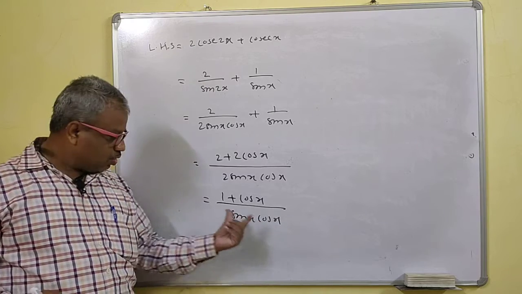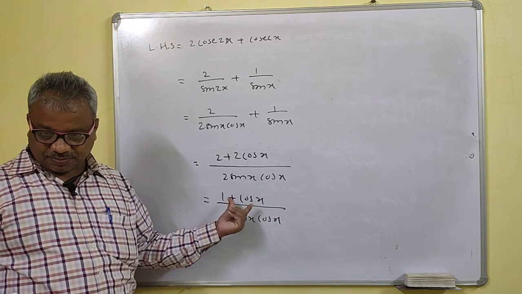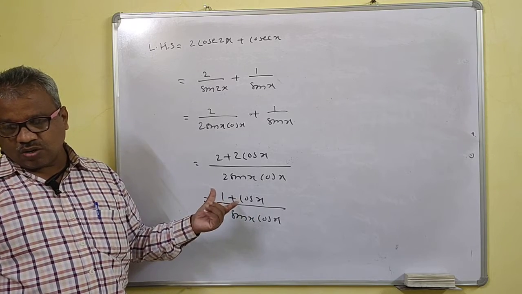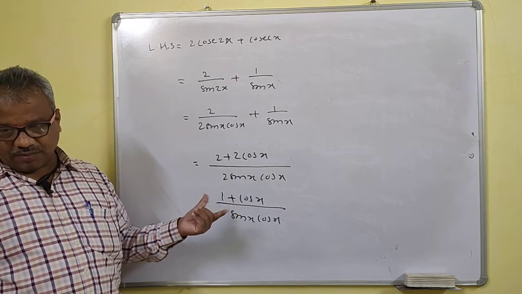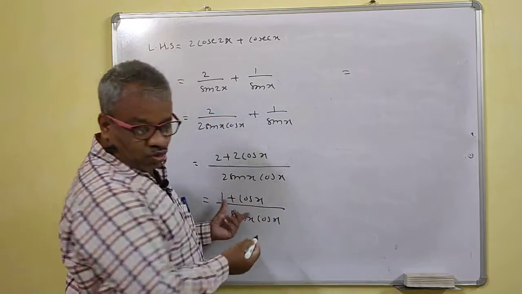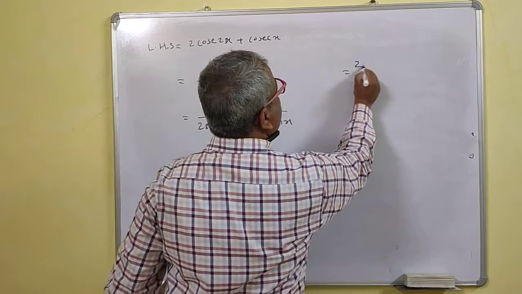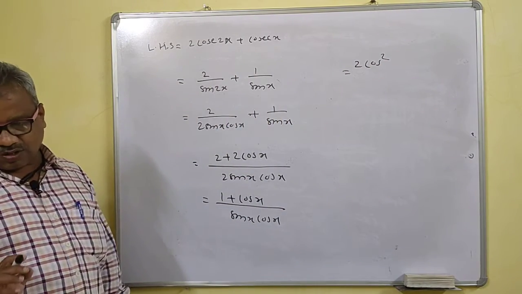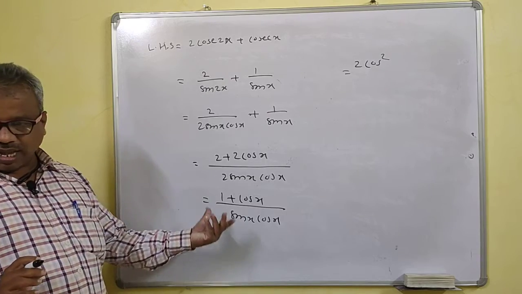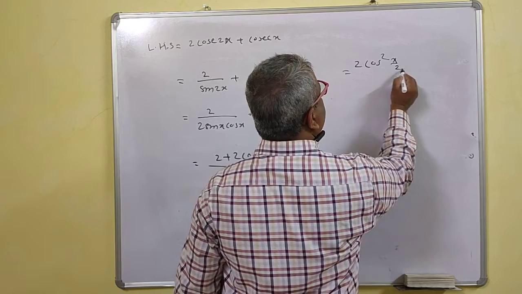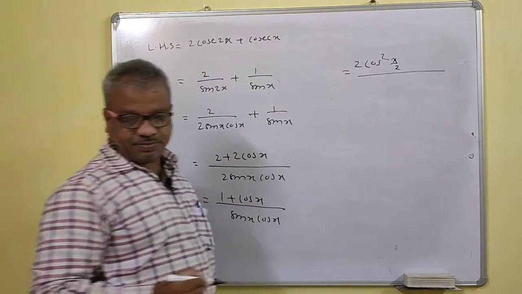Now 1 plus cos x: if 1 plus cos is there, always write 2 cos square of half the angle. The angle is x, take half of that one, so this will be x by 2.